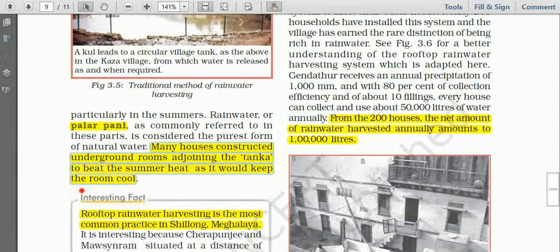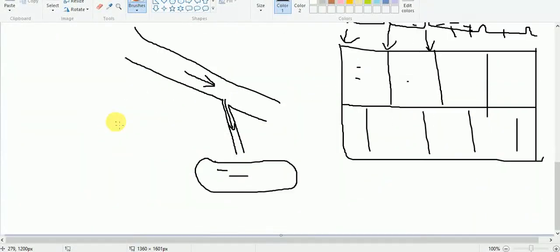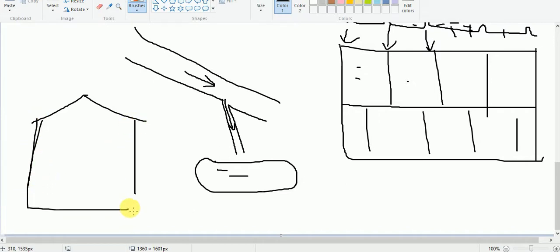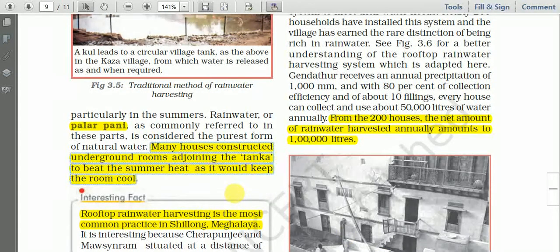So when we construct an underground tank, let us say this is the house, and here, if we keep a water tank in the underground, then this water in the tank will cool down the room. That is the point mentioned here. It will beat the summer heat. The water will make the room cool.